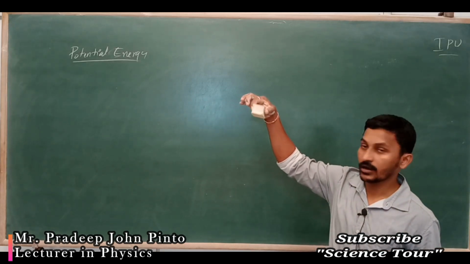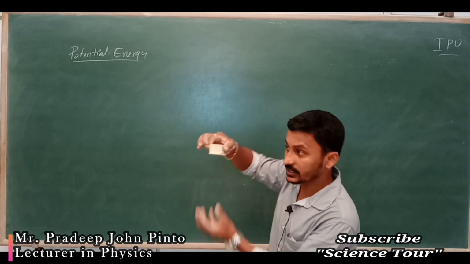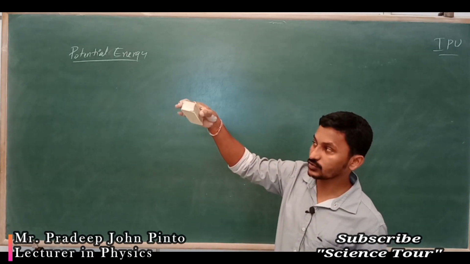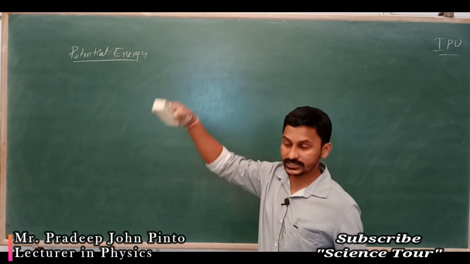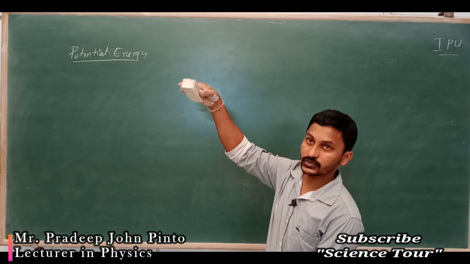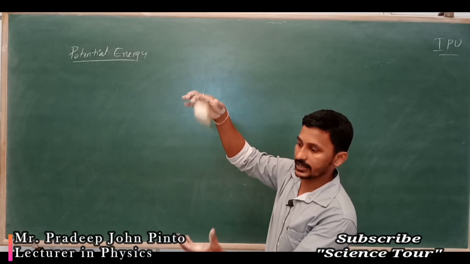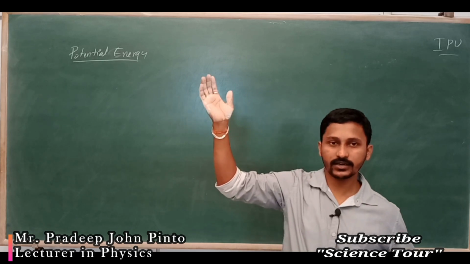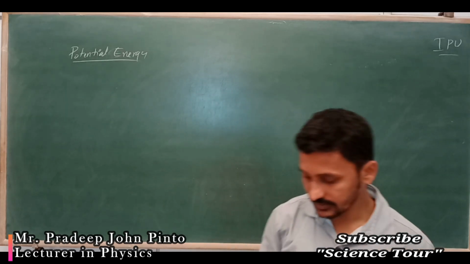The external force is me, and the other force is gravitation. As soon as I leave, this object falls down. Why? The stored potential energy is there, and it will convert into kinetic energy.